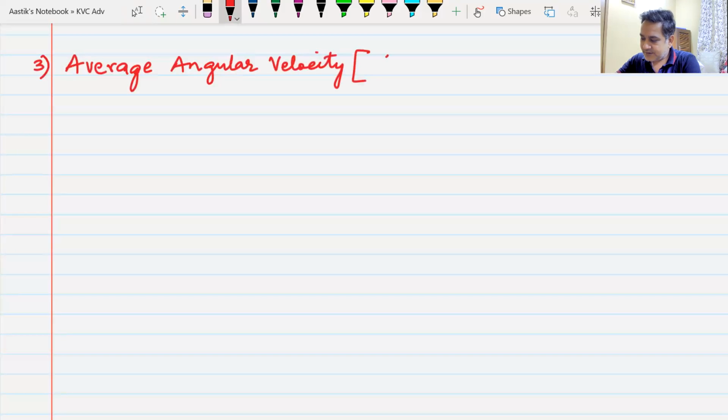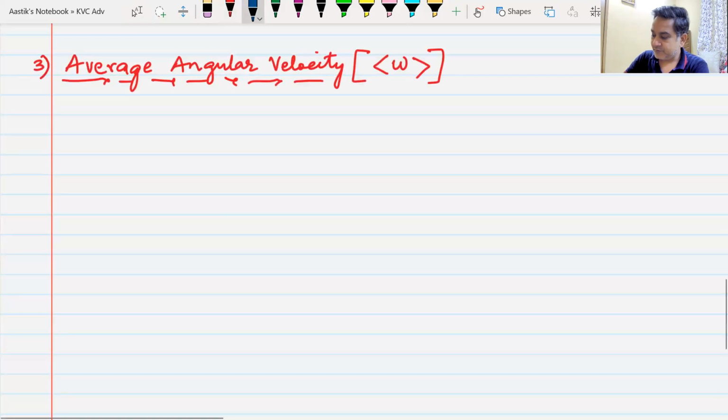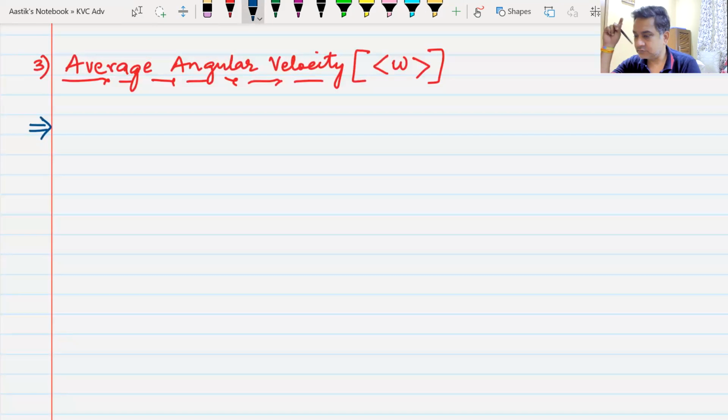And we will write it delta omega. This is not W, this is omega, the Greek alphabet omega. Average angular velocity. What would be average angular velocity?